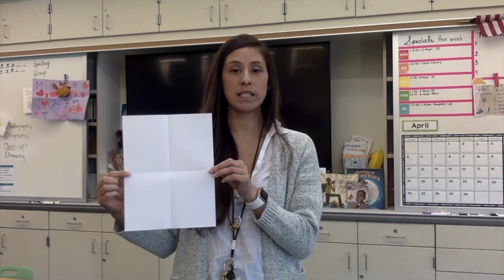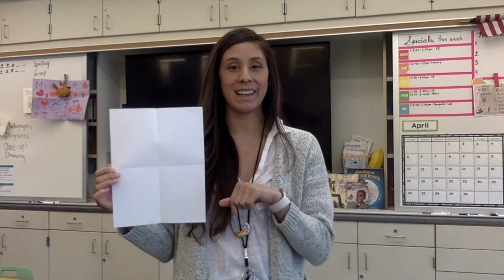And then what you're going to do is you're going to go through each square and you're going to label number 1, 2, 3, and 4. So I'll snap a picture so that you can see what I mean, and you'll see it in the next slide. So this is a sample of a sheet of paper that's been partitioned into 4 equal parts, and in the top left corners of each box, I labeled 1, 2, 3, and 4.